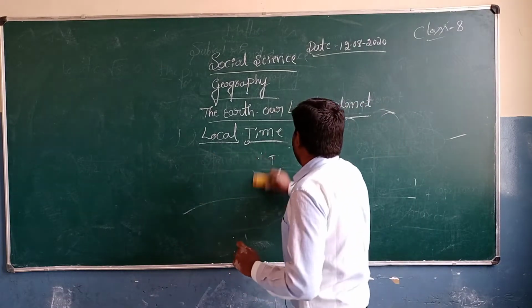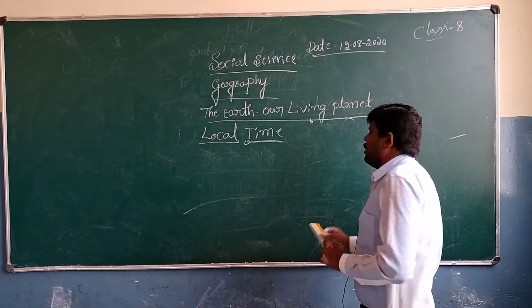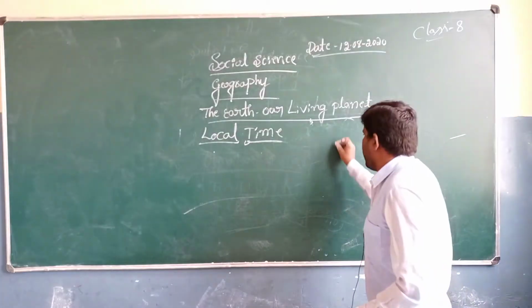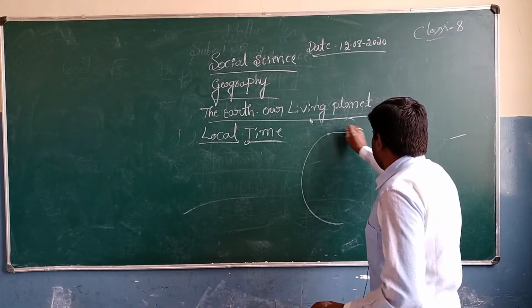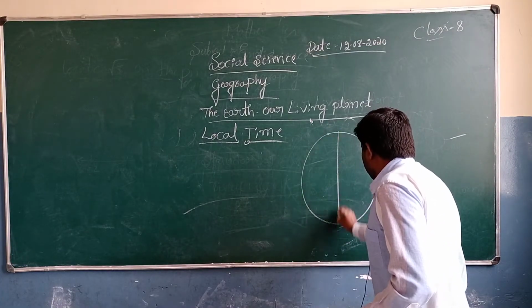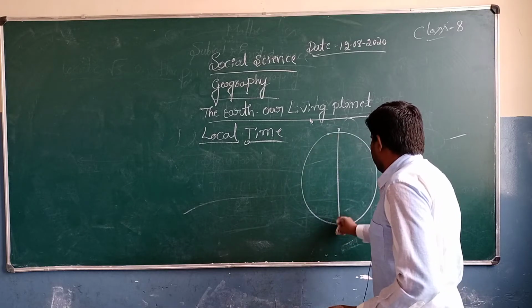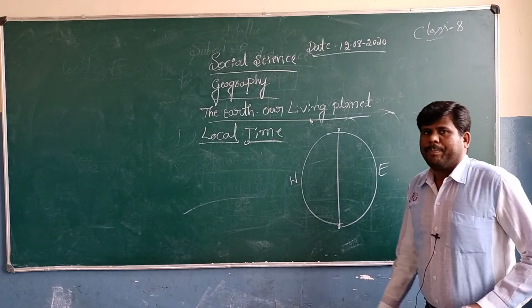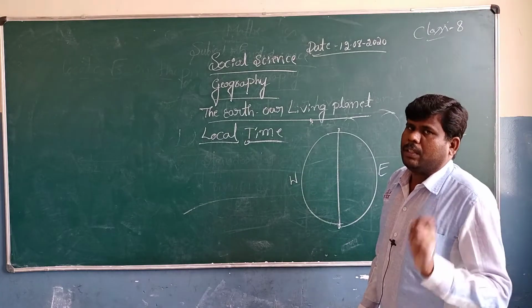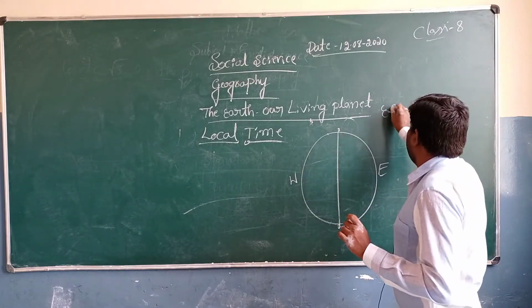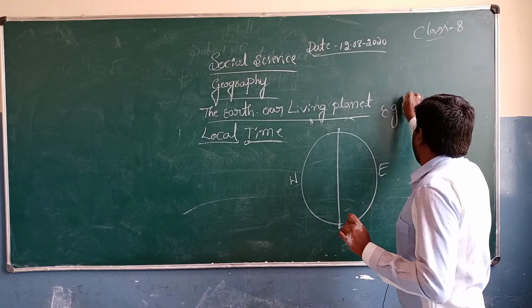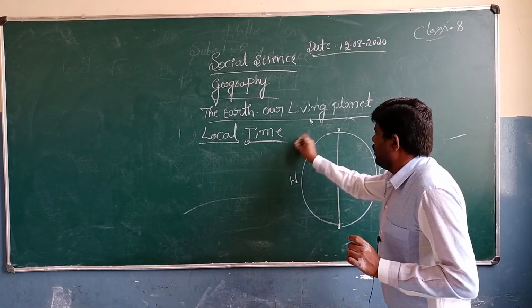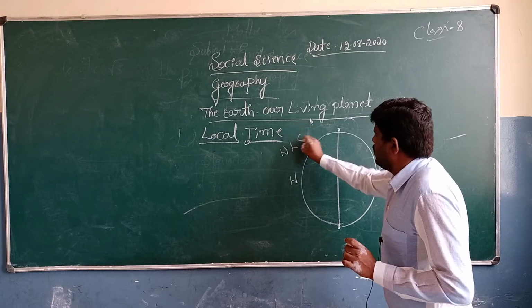EGA: east, gain, add; and west, loss, subtract. Remember that. This one is the prime meridian, so this is the east hemisphere and this is the west hemisphere. You follow this method: east, gain, add; then west, loss, subtract.